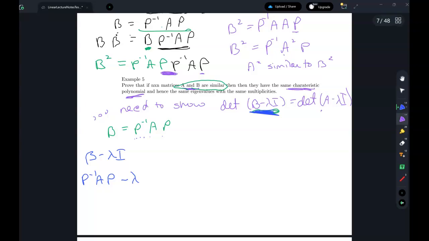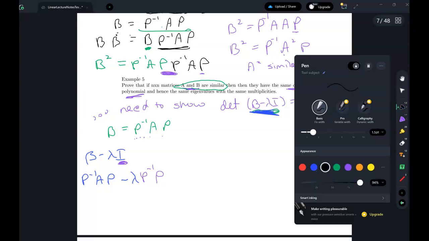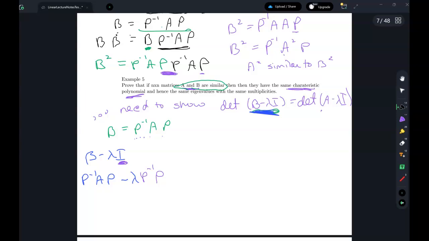And now here's where I'm going to be clever. I can rewrite I as P inverse P. Why would I want to do that? Oh, look at this. This is pulling out a P inverse. You know lambda is just a number, so I'm allowed to move lambda around. So I can factor the P inverse along.